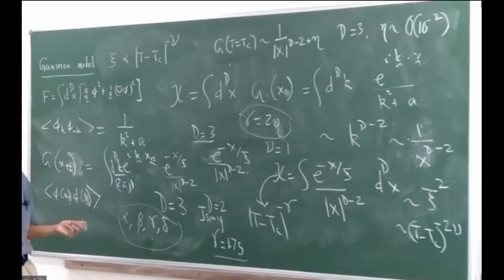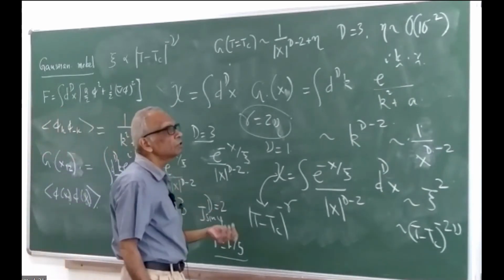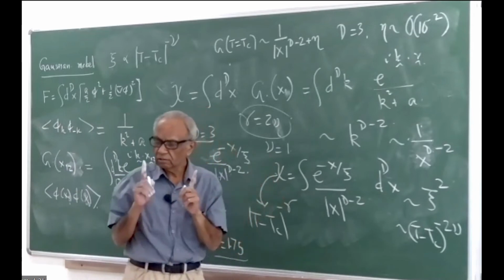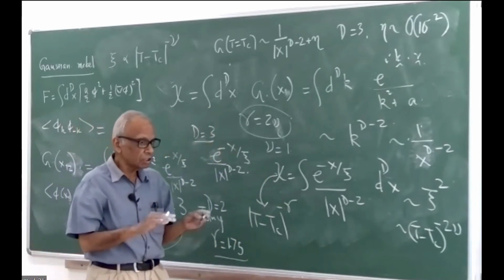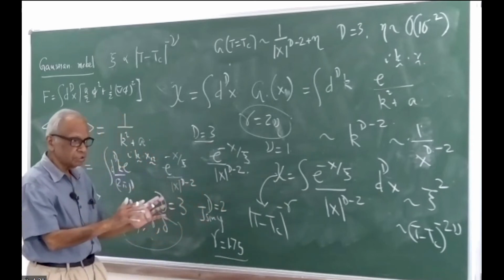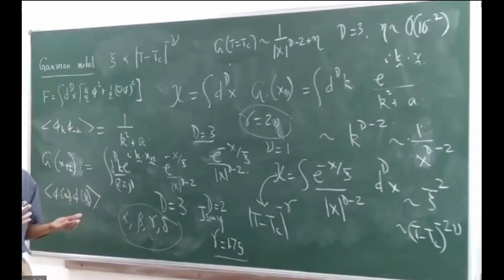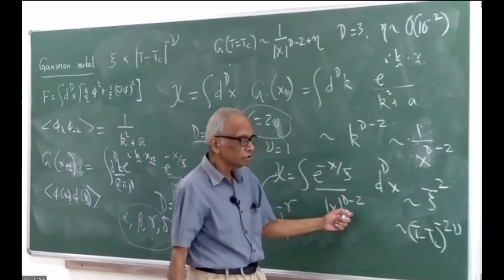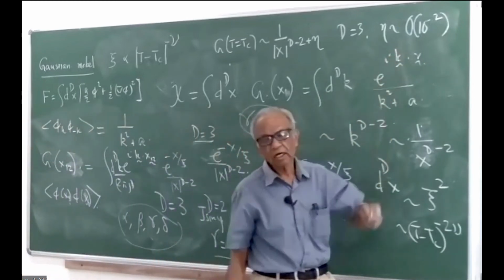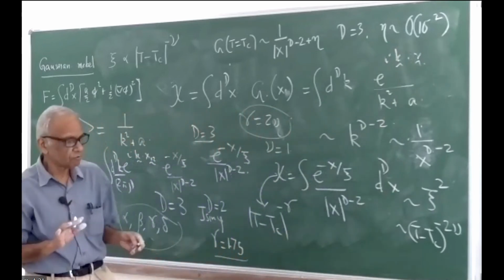So all that is being said is that the Gaussian model is not the right thing. People did not suspect for a long time that the Gaussian model is rubbish, even above t equal to tc, because things seemed to work out over here, and there were other issues involved.